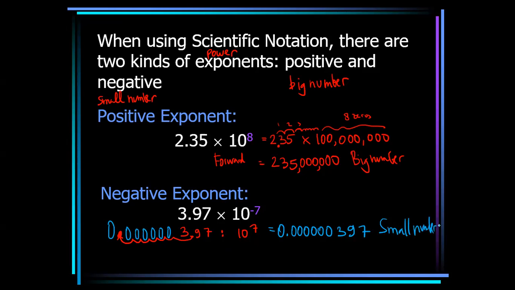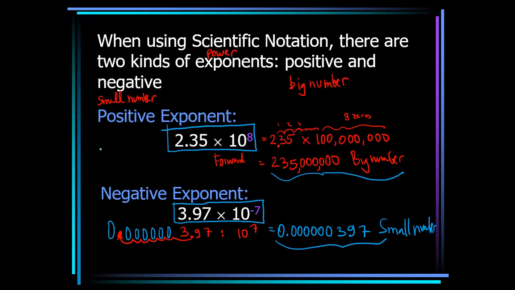That's the easiest way to convert a big number or a small number to scientific notation. This is the scientific notation, what I put a box on. We call it SN, or we can call it standard form. Okay, that's how you think of scientific notation.